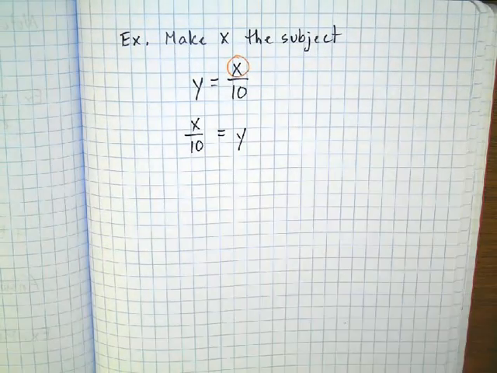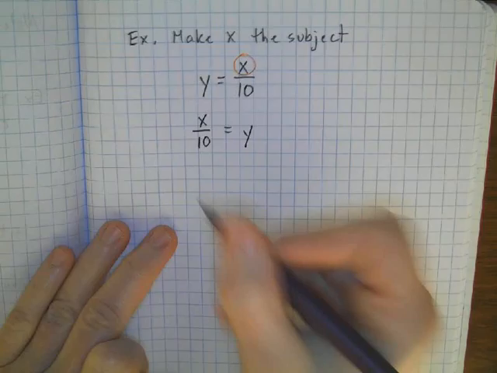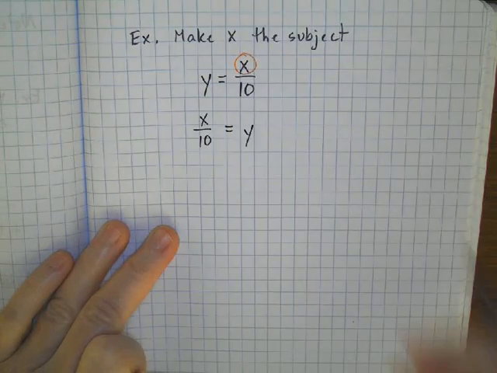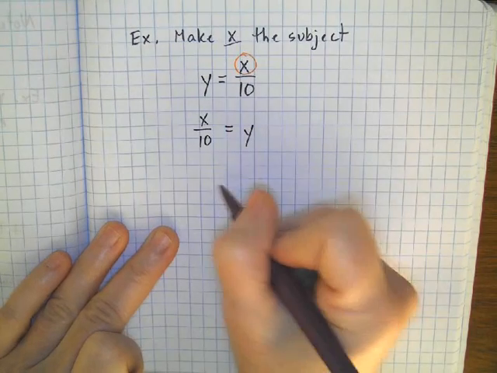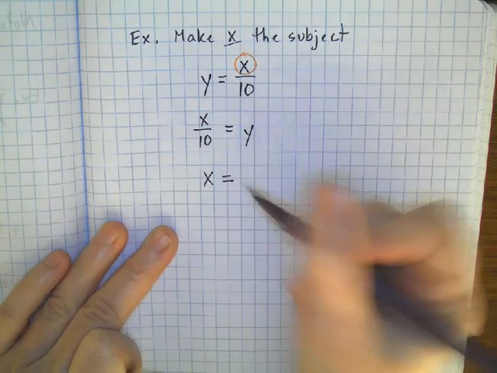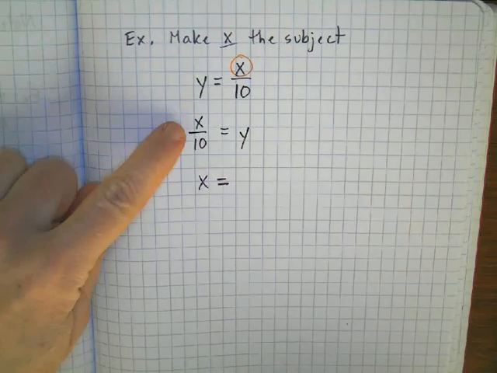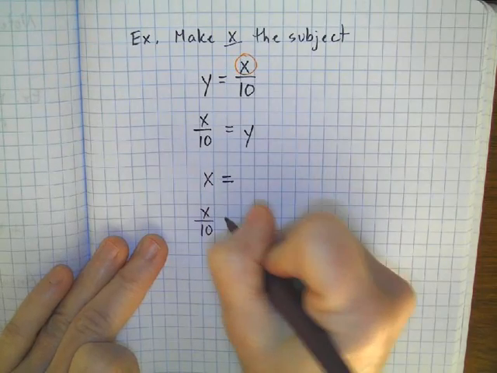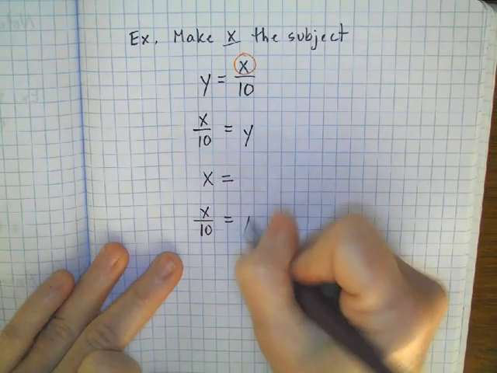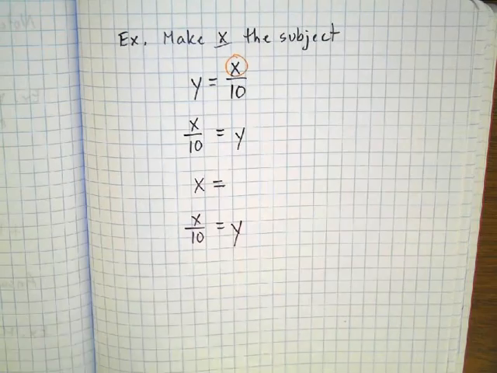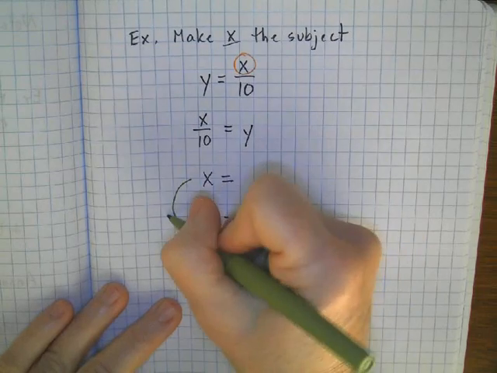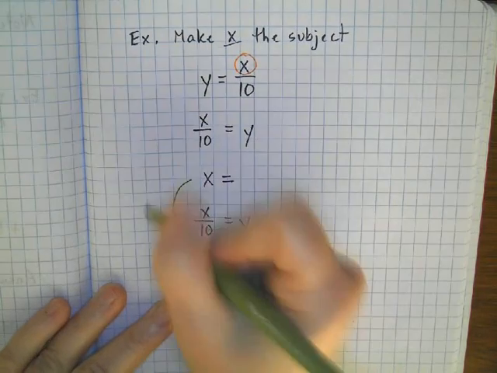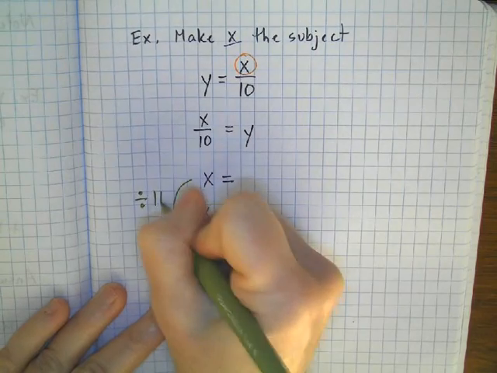Now I'm going to deconstruct. I'm trying to solve for x. So x equals, what's happening to the x? It's being divided by 10. And it's going to equal y, so only one step here. What happens? It's being divided by 10.